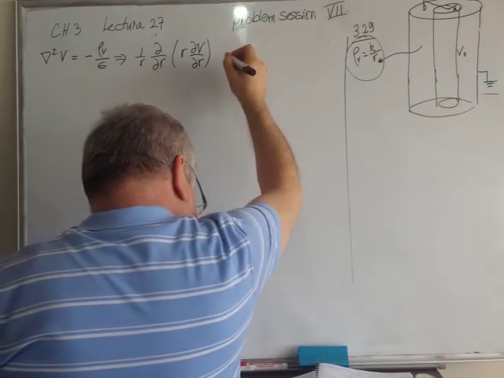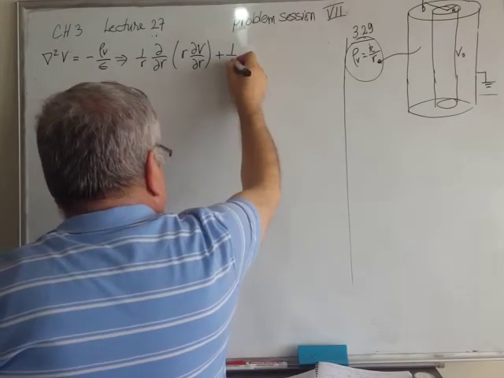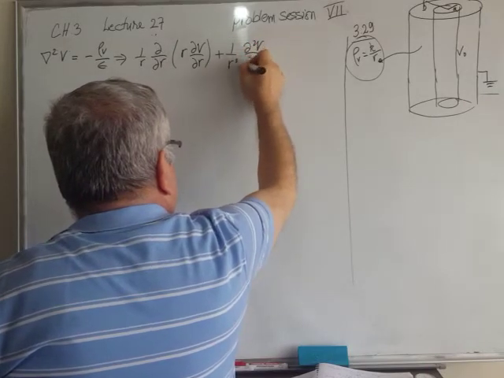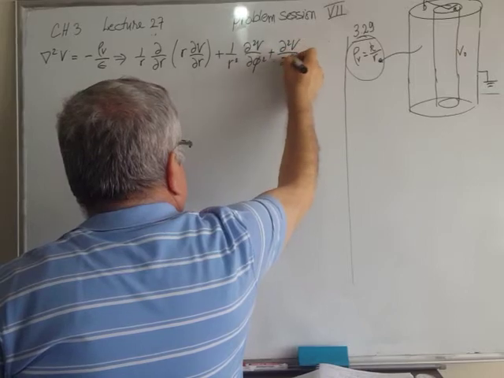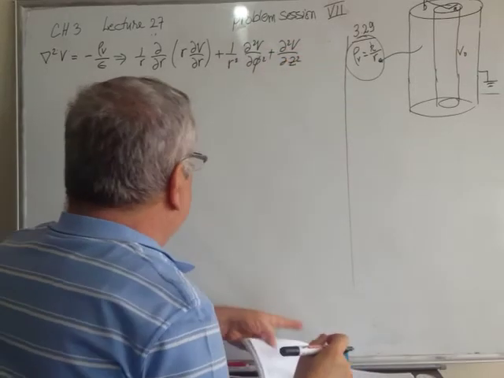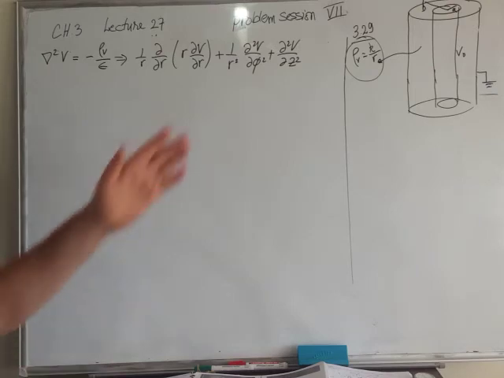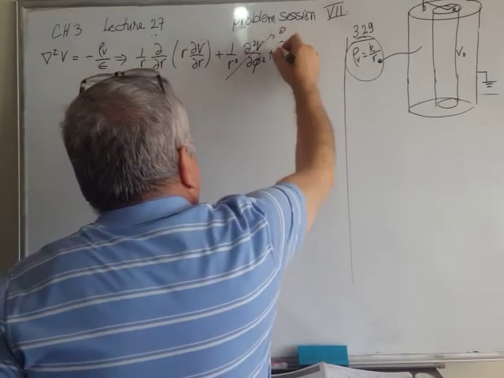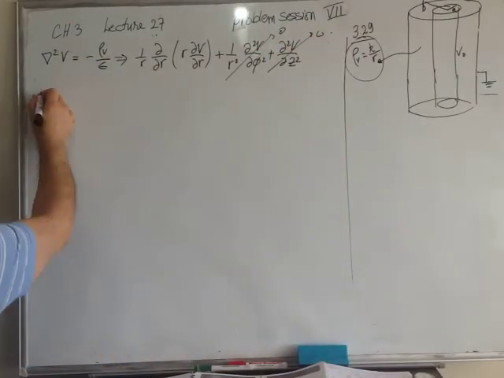The second term is plus 1 over r squared del square v by del phi squared, plus del square v by del z squared. So that's the complete Laplacian in cylindrical coordinates. But because we have symmetry with respect to phi and z, this term here and that term there are 0. So this leaves me with what?